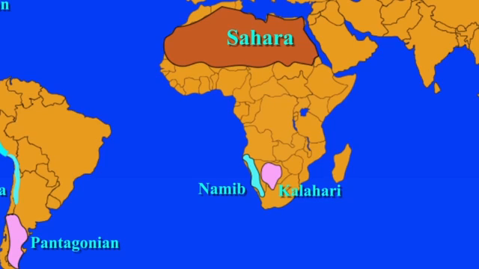The next one is the Danakil Desert. It is a desert in northeast Ethiopia, southern Eritrea and northwestern Djibouti, situated in the Upper Triangle. It stretches across 1,36,956 square kilometers of arid terrain.